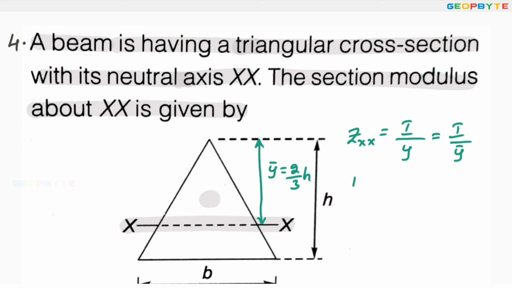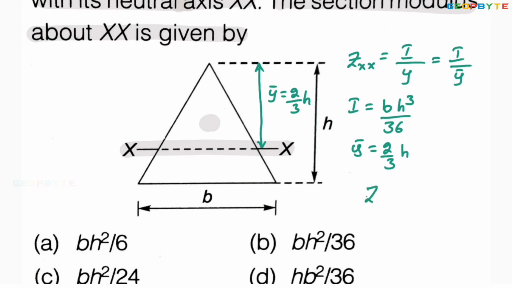Now, for a triangle, I equals bh cube by 36, and y bar equals 2 by 3 into h. Then section modulus about xx axis equals I by y bar, that is bh cube by 36 divided by 2 by 3 times h. So 12 times 2, one h is cancelled.